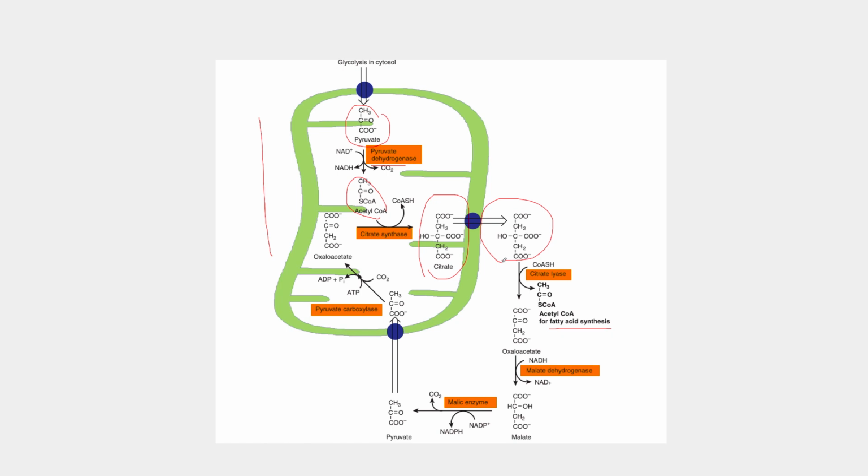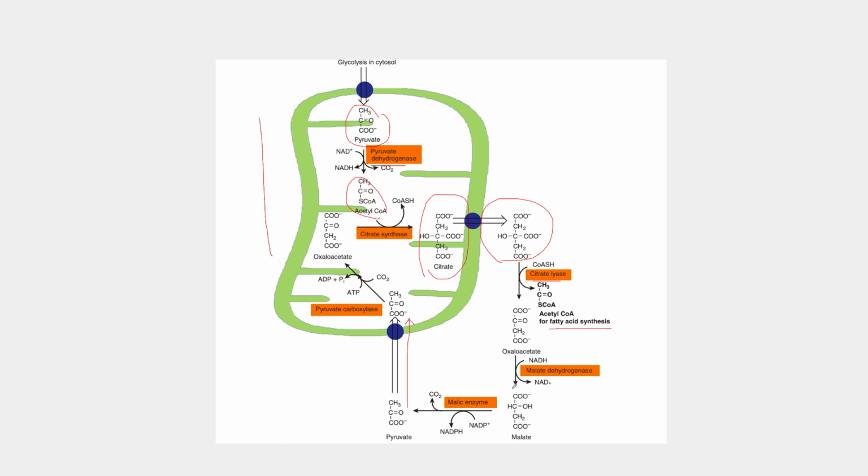where it's initially cleaved by citrate lyase back into oxaloacetate and acetyl-CoA. The acetyl-CoA will be our substrate for fatty acid synthesis, and the oxaloacetate will then undergo a series of two reactions and will re-enter the mitochondria as pyruvate.